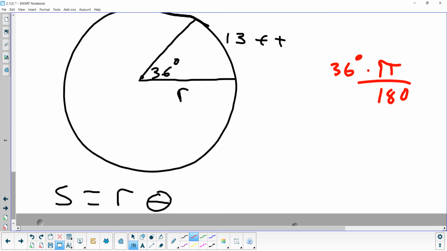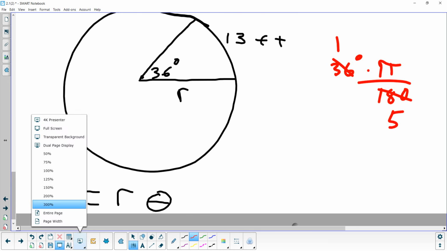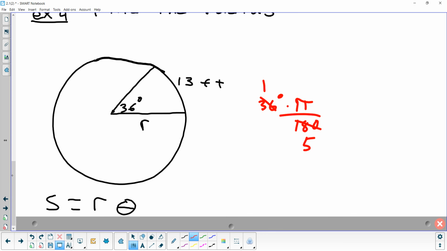And if you divide 36, it does go into 180 nicely. Okay, so we've got our angle as pi over 5. How about Ben? Where's the 13 going to go?